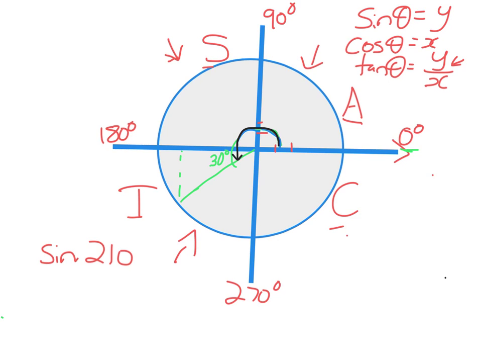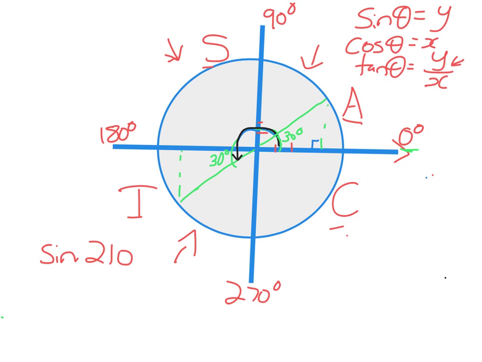What I do, though, is I look at the first quadrant and I draw a congruent triangle. So I'm going to draw one here that's 30 degrees. So I know that in the first quadrant, if I have 30 degrees and a right-angled triangle like the one that's on your screen, I know that sine 30 is equal to a half.